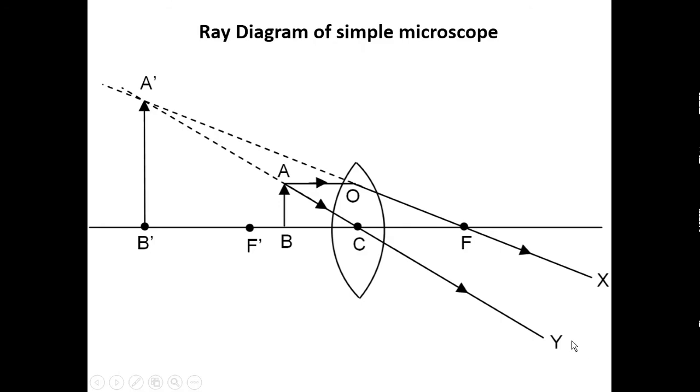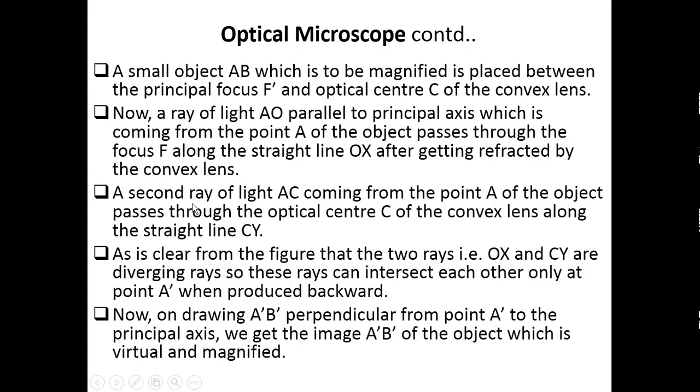When you view from this side, this is the object, and this line, OX, is going like this, and the line from A passes through the optical center to Y. So these are diverging rays, and they converge virtually on the side of this object AB, isn't it? Where it meets is the point A dash. So A dash B dash is the virtual image of this particular object.